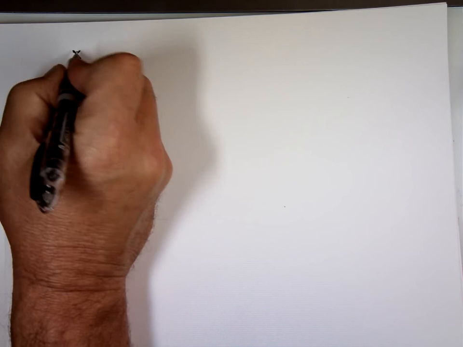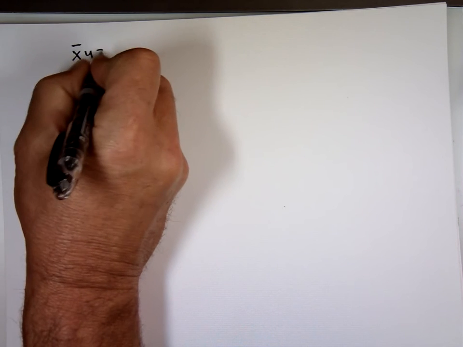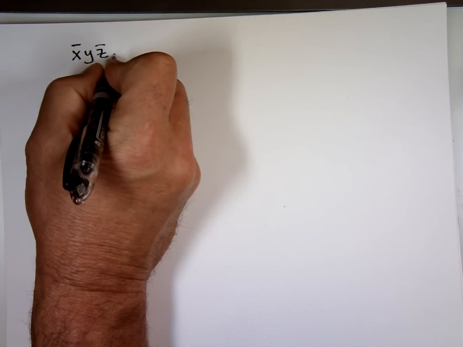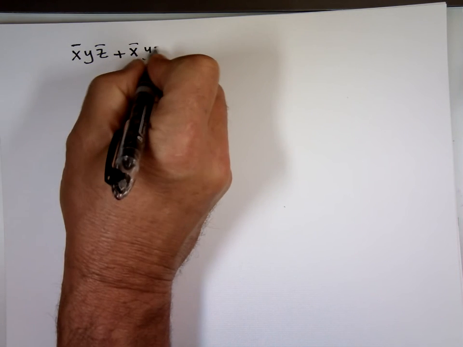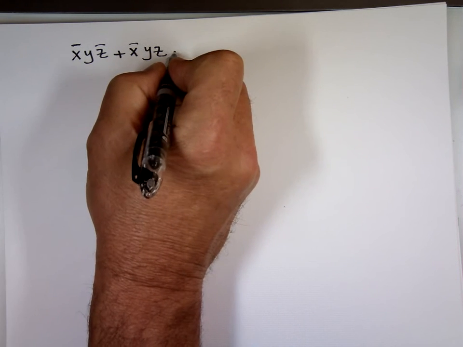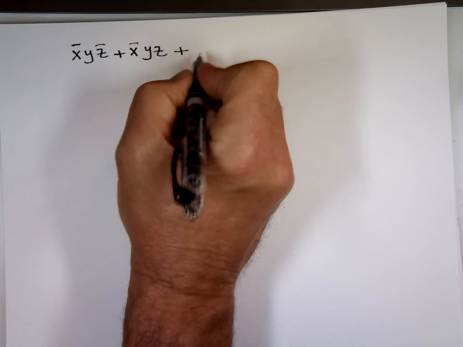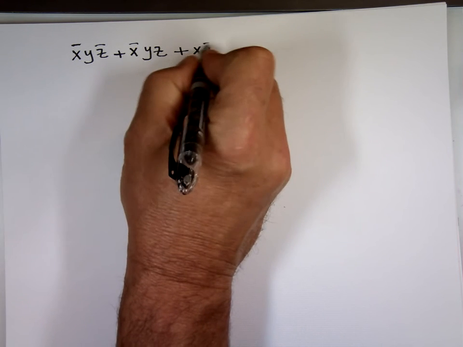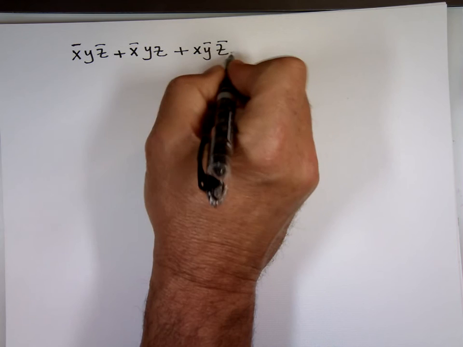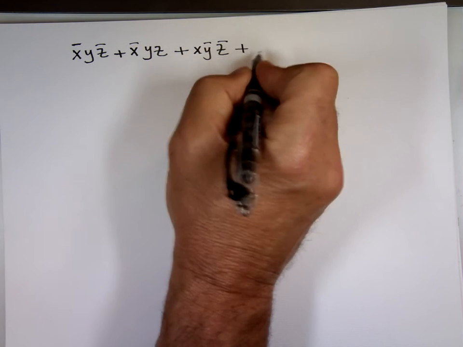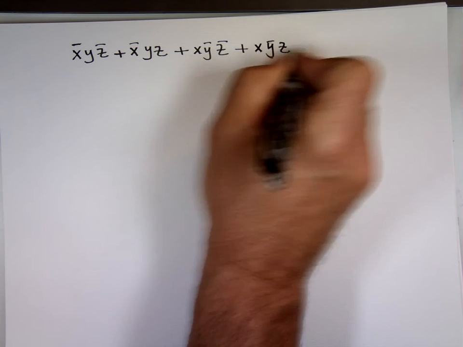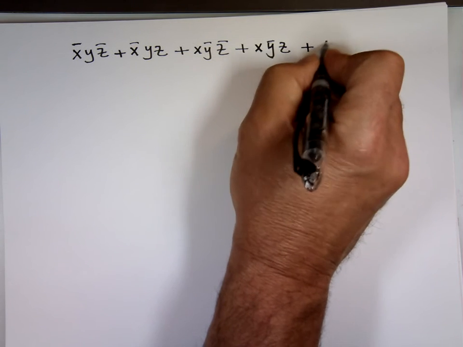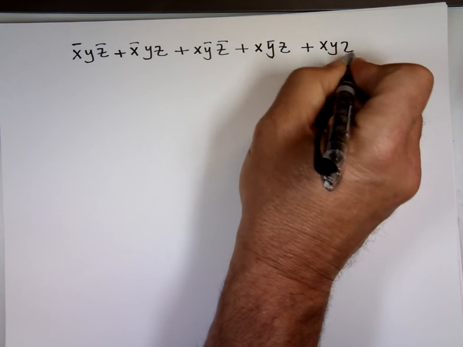X bar, y, z bar, plus x bar, y, z, plus x, y bar, z bar, plus x, y bar, z, plus x, y, z. And the question, can you simplify that?